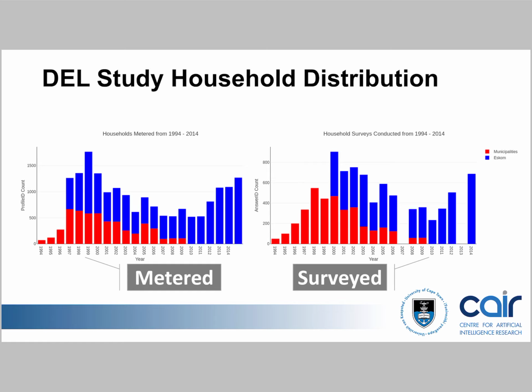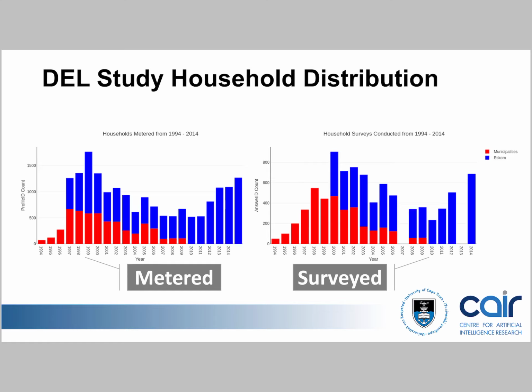On the left, with the metered households, you can see the number of households that were metered from 1994 to 2014. And on the right, you see the number of households that were surveyed from 1994 to 2014. In 2007 and 2013, no household surveys are available.